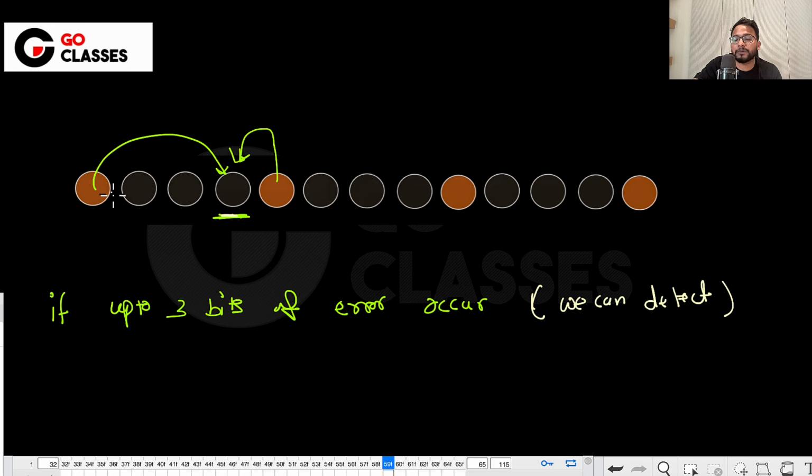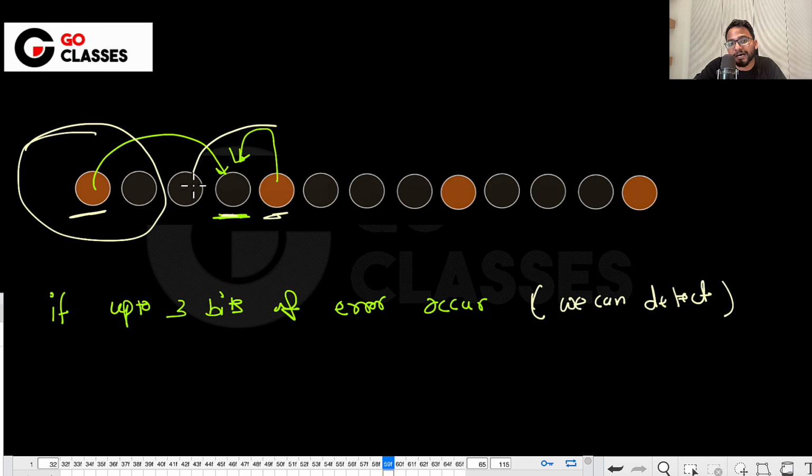But suppose the set of invalids are separate, which means if I get wrong, then at most I can get wrong till here. If I get wrong, then at most I can get wrong till here, right? If the set of invalids are not overlapping, then I can even correct the error, okay?